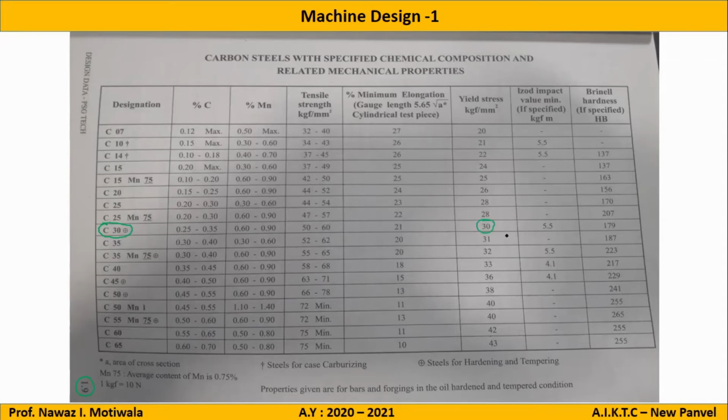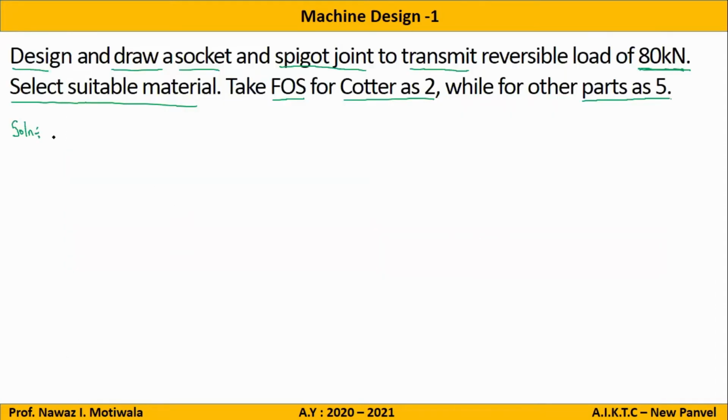Now I will write solution: selecting C30 as material. Sigma yt, how much was given there?